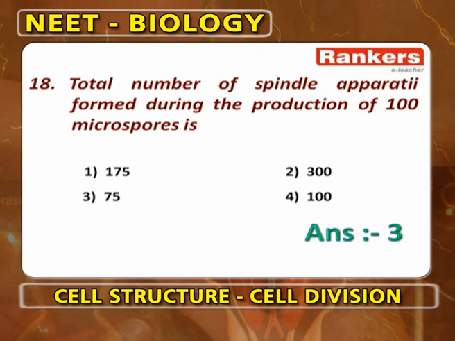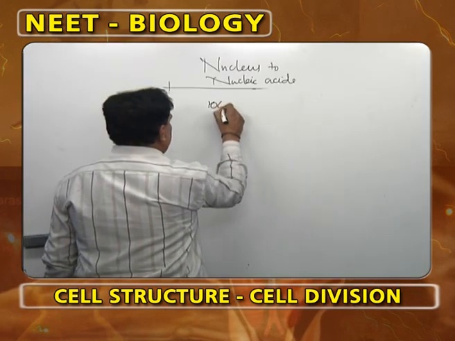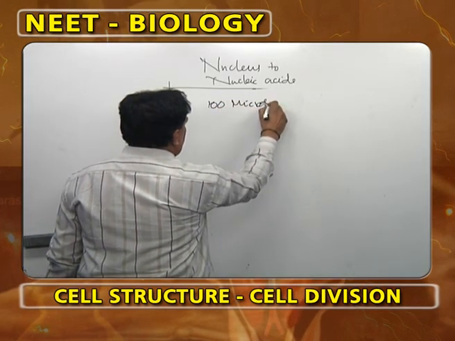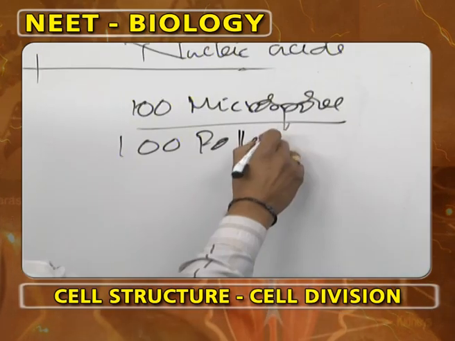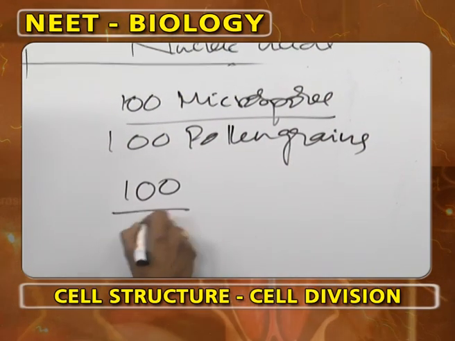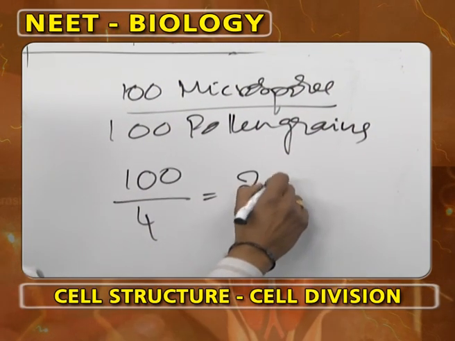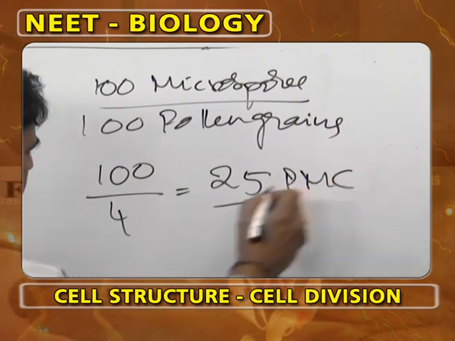The total number of spindle apparati formed during the development of 100 microspores. 100 microspores means 100 pollen grains. 100 pollen grains means how many pollen mother cells? 100 by 4, 25 pollen mother cells.